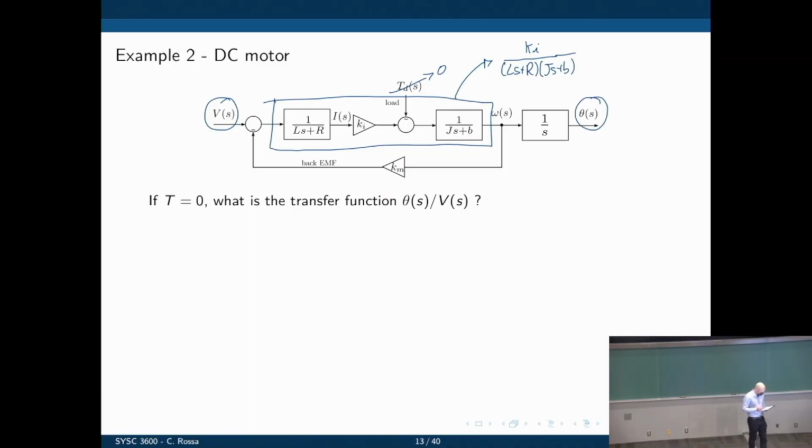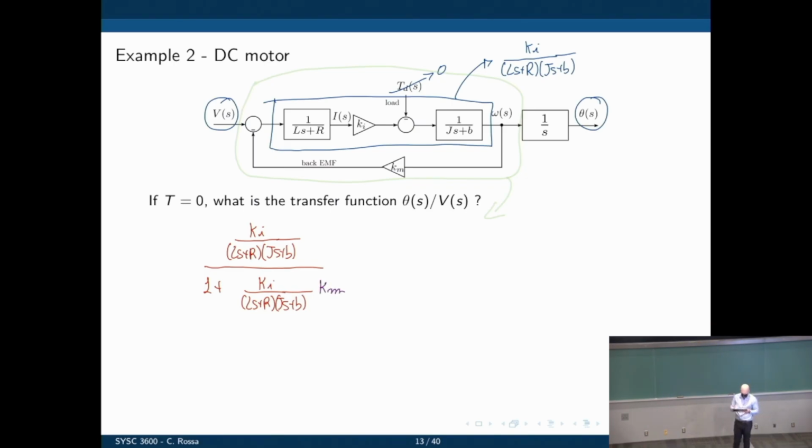So now let's do that. How do we eliminate the feedback loop? Let's create this transfer function here. We now want to eliminate that feedback loop, and that is the line function, which is Ki divided by (Ls plus R) times (Js plus B), divided by 1 plus the same function but also multiplied by the feedback function Km.